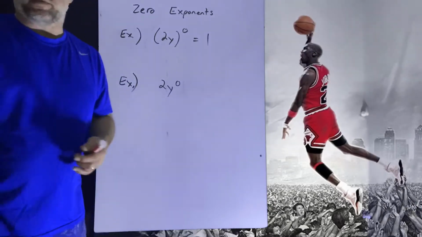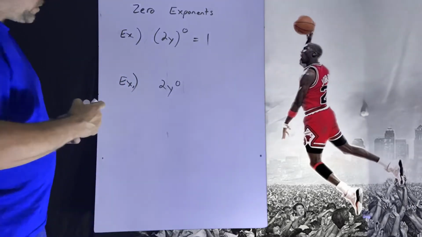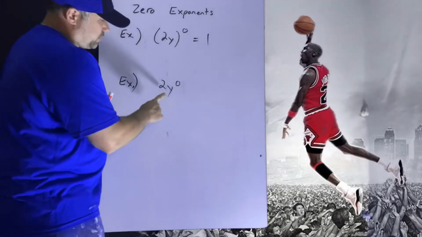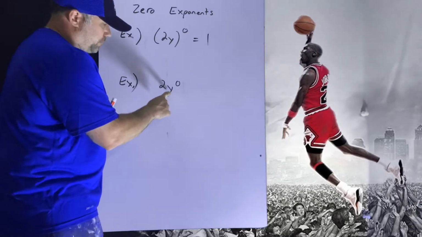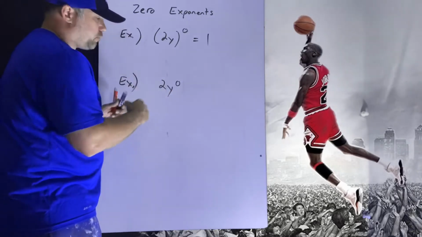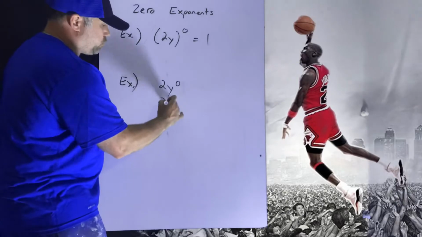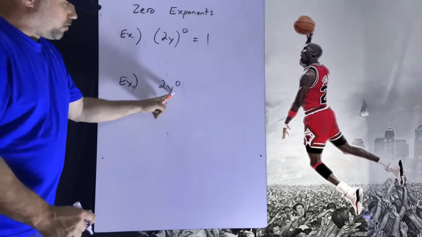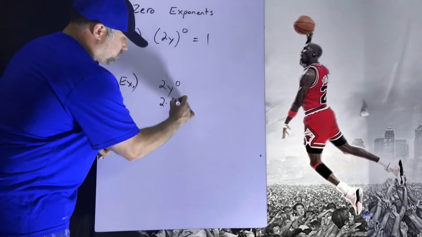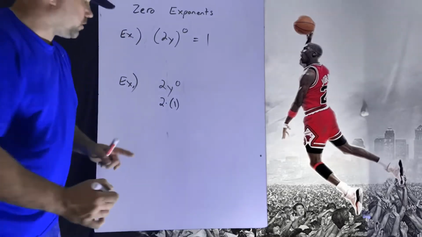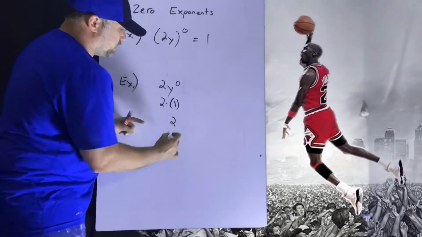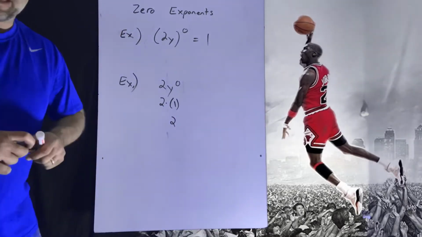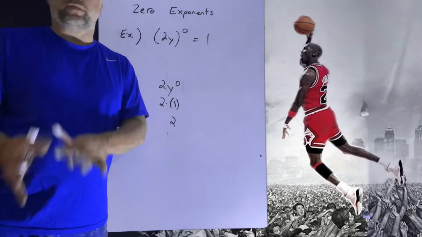So the answer to that one is 1. But down below here, the only thing being raised to the 0 power is the y. The 2 is not part of that anymore because there's no parentheses. So that 2 stays as is, and then y to the 0 is 1, because anything to the 0 power is 1, and then 2 times 1 is 2. So that's a little tricky, parentheses versus non-parentheses.